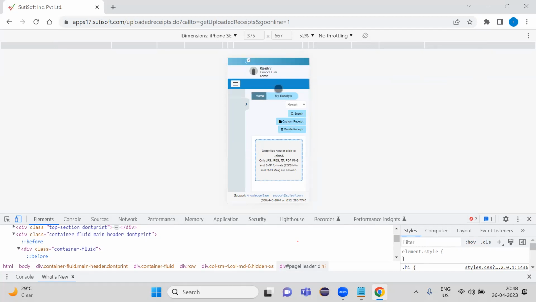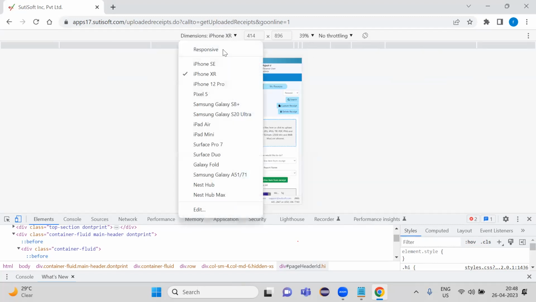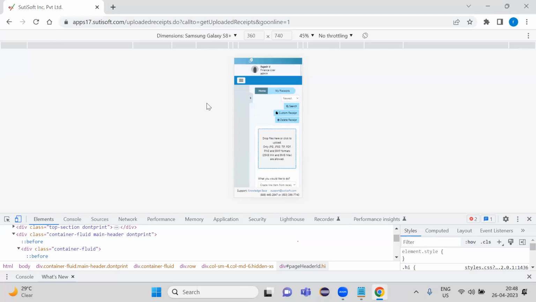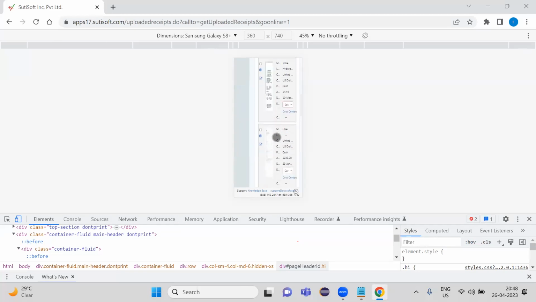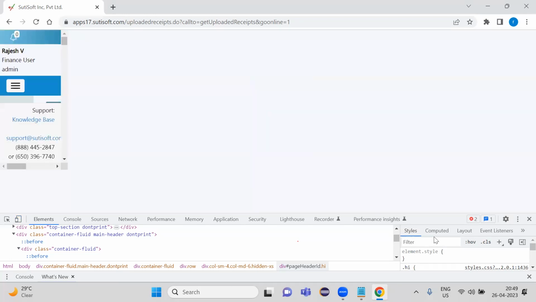See here, no options are available. This is iPhone XR. This is Samsung Galaxy. These are the things we are going to perform. These are the compatibility issues. Clear? Now understood?